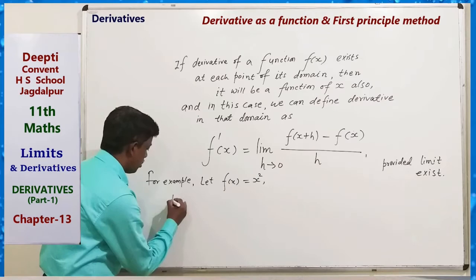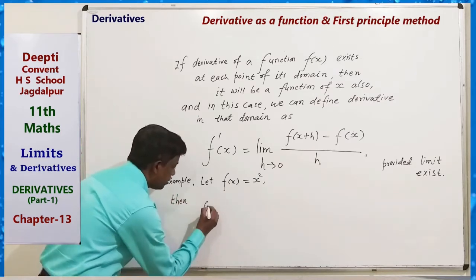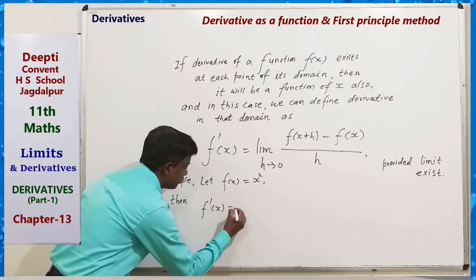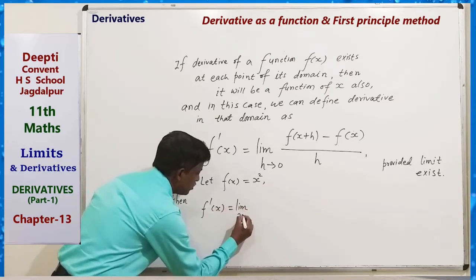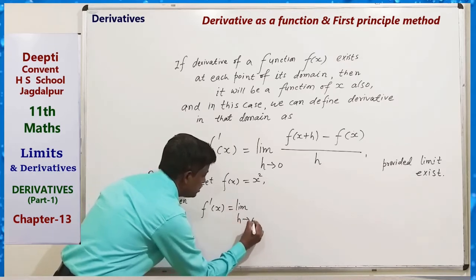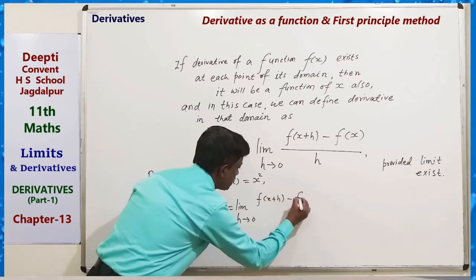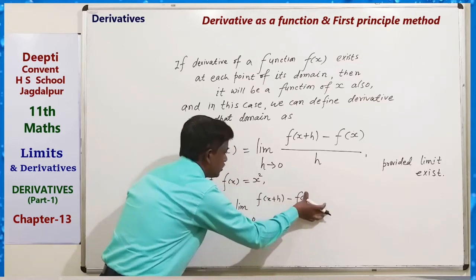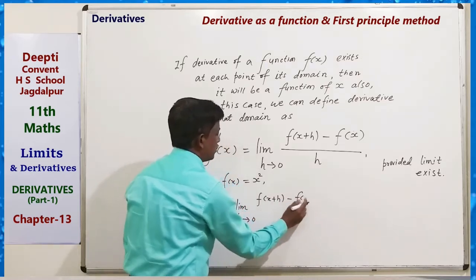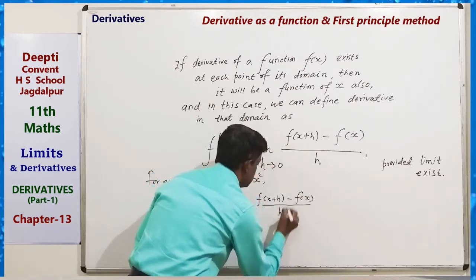Then f dash x is the limit as h tends to 0 of f(x plus h) minus f(x), upon h.